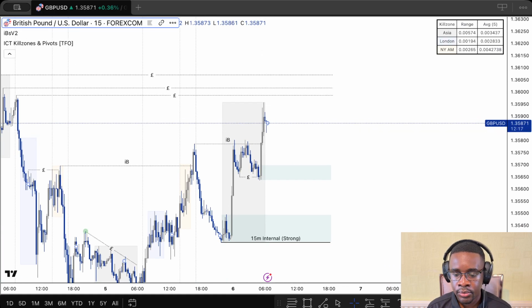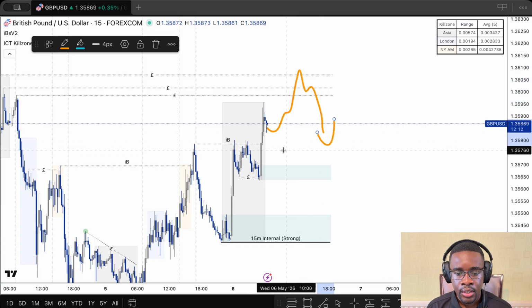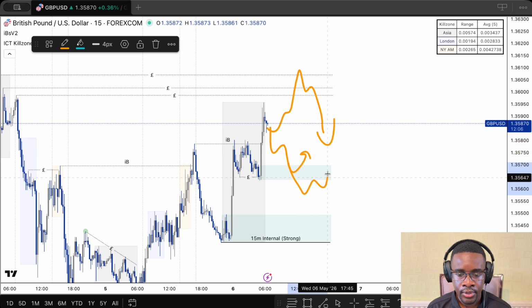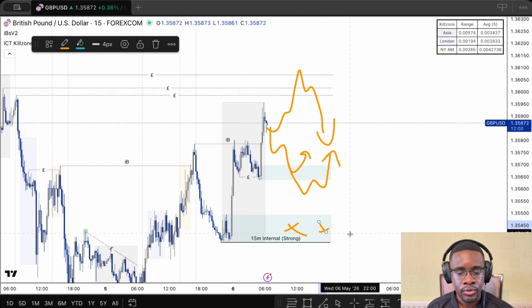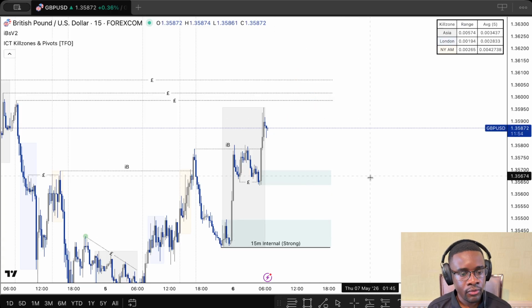So we could see price either continue, take out this and then come down, or price starts by coming down, mitigates this area, or takes out this area and then continues to the upside, if it doesn't reach this extreme. So those are trade ideas for today for both the euro and the pound.